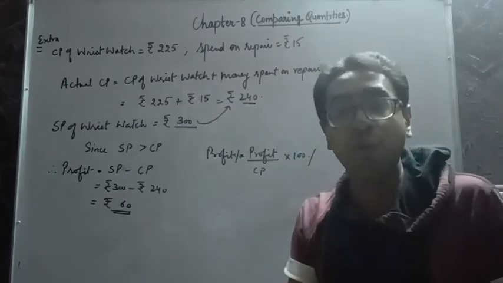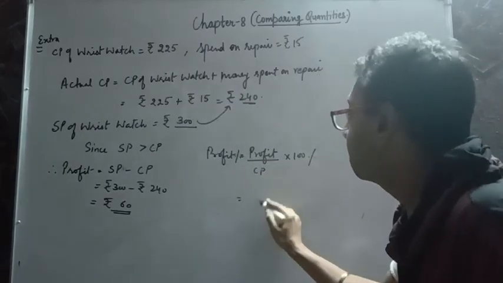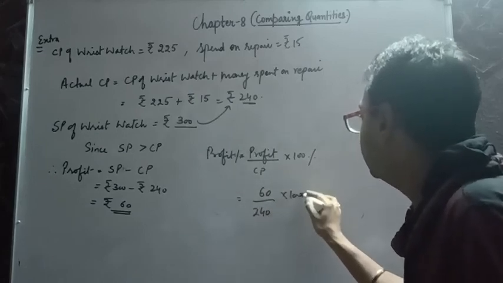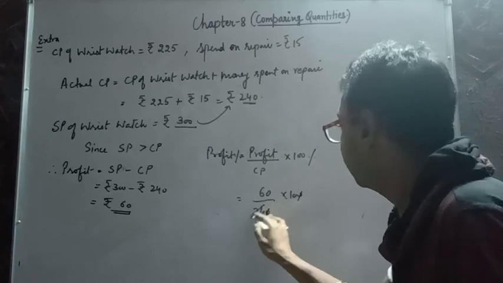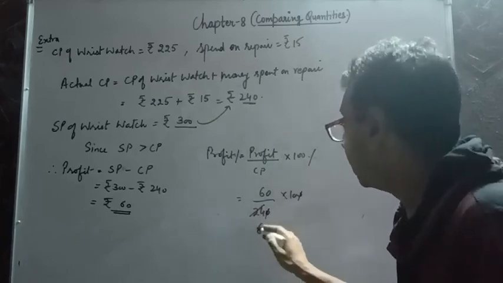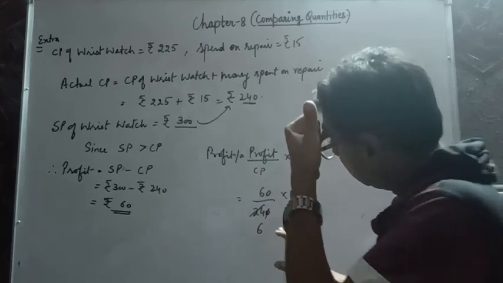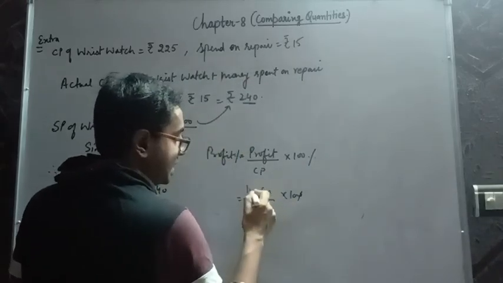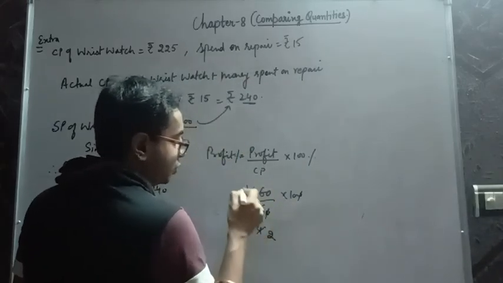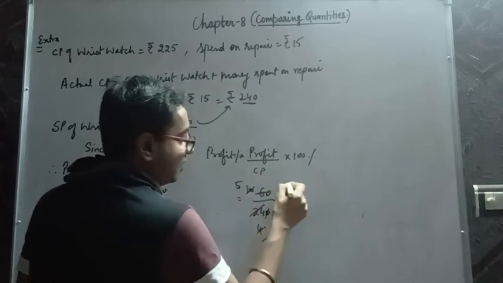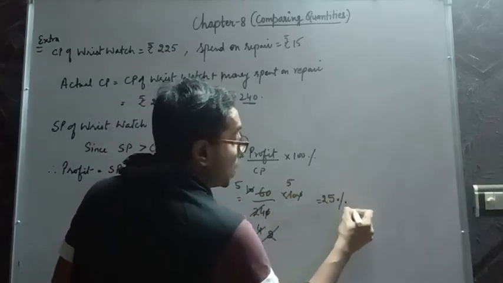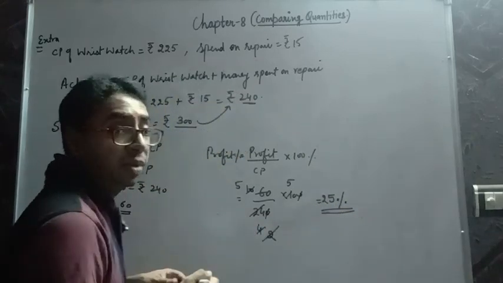We have to consider 240 only, right? So that is why 60 upon 240 into 100, 0 cancels. If I talk about 4 and 6, can I take it like that? Yeah, I can take it like that. 6 4s are 24 and 6 10s are 60. Again 2 2s are 4, 2 5s are 10. Again 5. Hence, what is the profit percent? Profit percent is 25%. Great margins there.